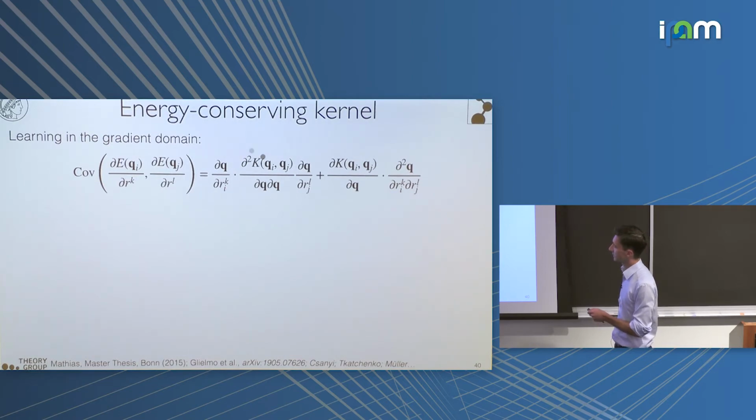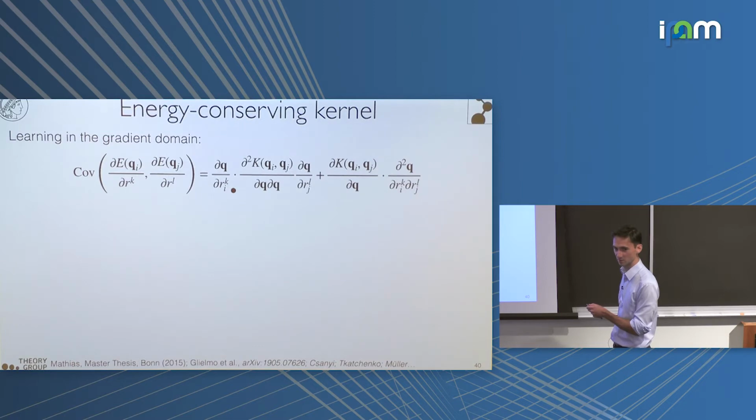Here K is my kernel between inputs Qi and Qj, where Q are my representations. Then, because of the chain rule, I have to take the partial derivative between my representation and the Cartesian coordinate of sample I and component K.